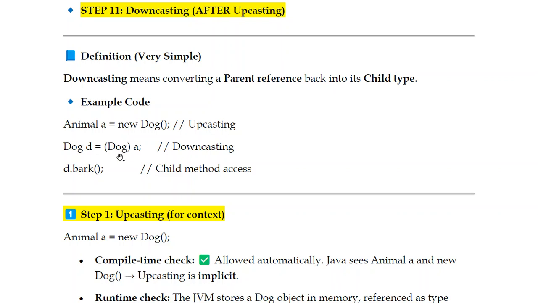Whichever type you require, you have to give that type in the parentheses. What is the required type here? Dog. So to convert the parent class reference into a child class reference, we put the child class type inside the parentheses. This is important. This is called the downcasting process.